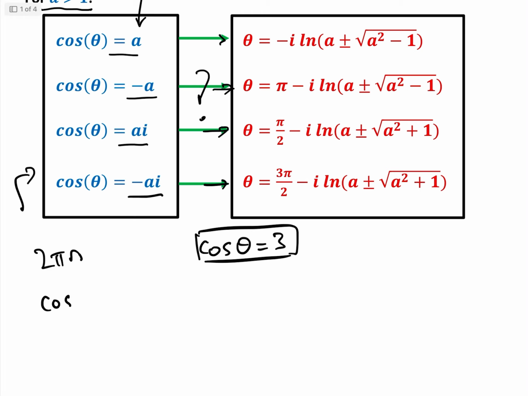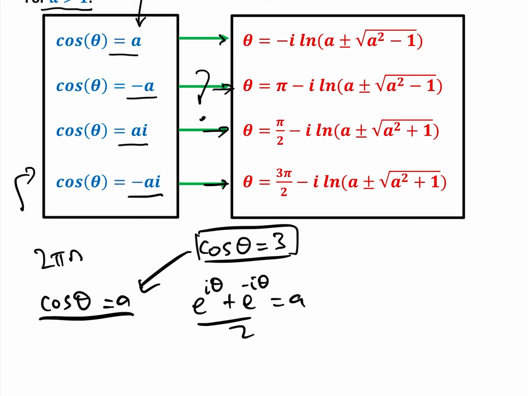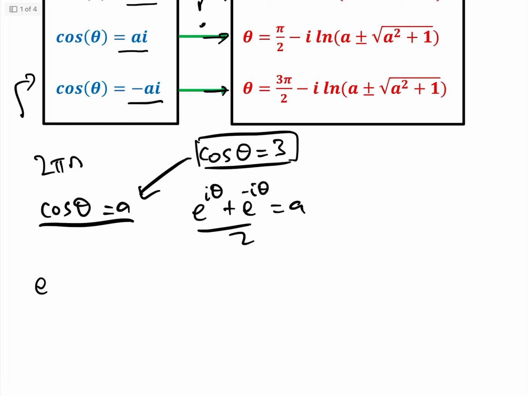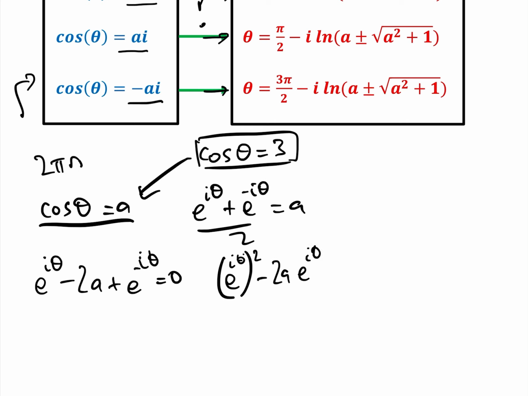First of all, cos theta equals a. Again, this is coming from the video that I've already done. We have that e to the i theta add e to the minus i theta over 2 equals a, i.e. we have e to the i theta minus 2a add e to the minus i theta equals 0, and that gives us a quadratic: e to the i theta squared minus 2a e to the i theta add 1 equals 0.